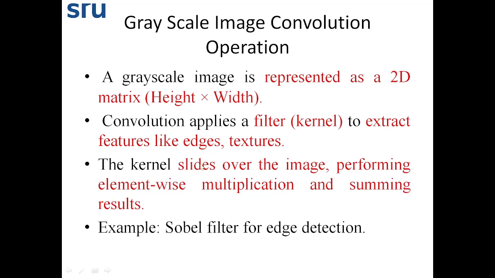What is happening here? The kernel slides over the image, performing element-wise multiplication and summing the result. So basically, what are examples of filters here? Sobel filter for edge detection.